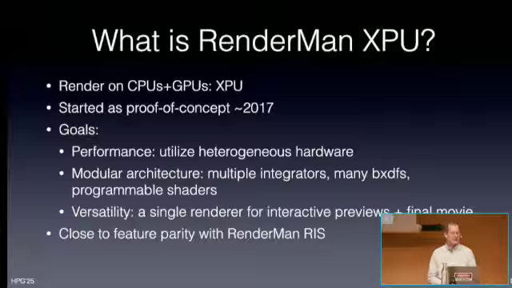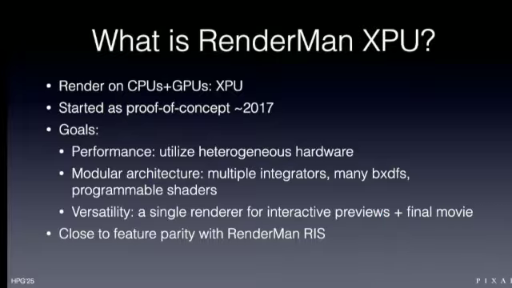We want a modular architecture, multiple integrators, many different BXDFs, programmable shaders. So that's actually the same as the previous renderer. And we also want versatility. We want a single renderer, both for interactive previews and also to render the final movie frames. And at this point, we finally feel that we're pretty close to having feature parity with the older RenderMan version.